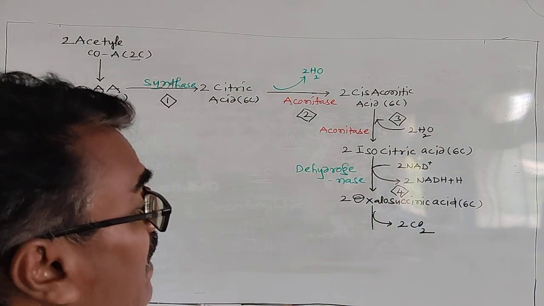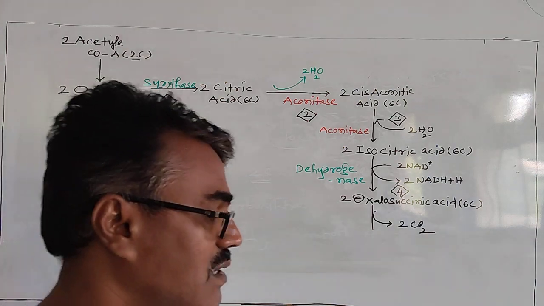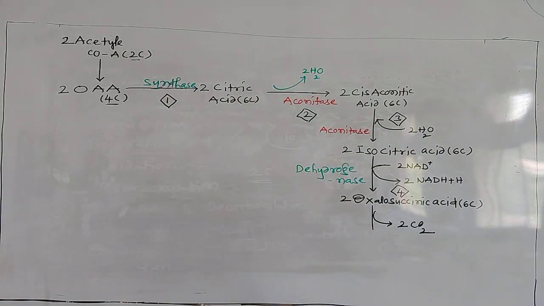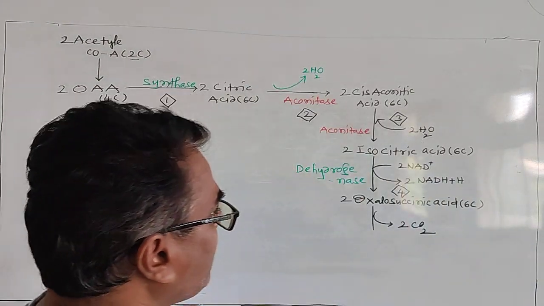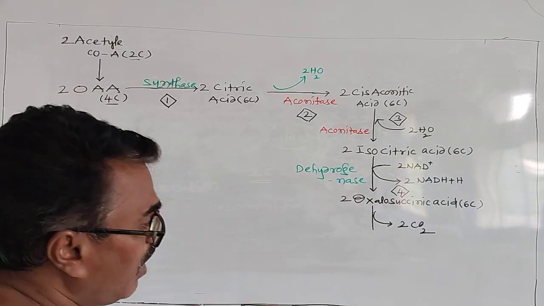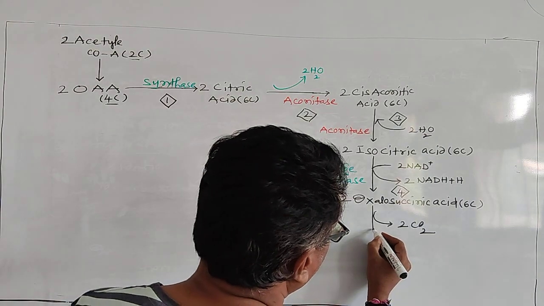That is known as decarboxylation. Then finally resulting in the formation of alpha ketoglutarate acid.